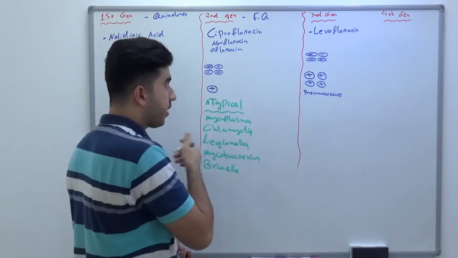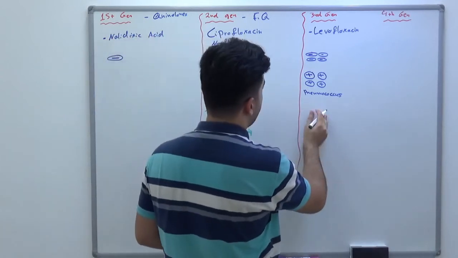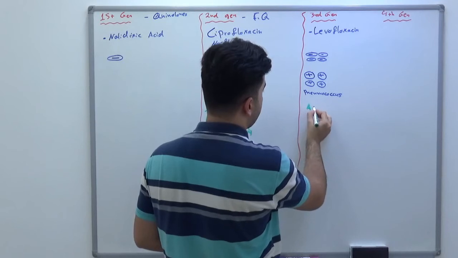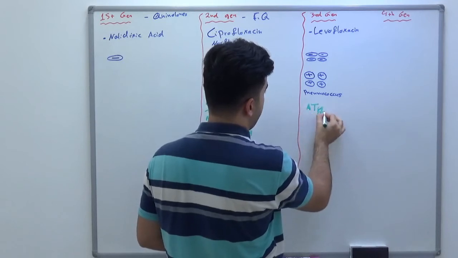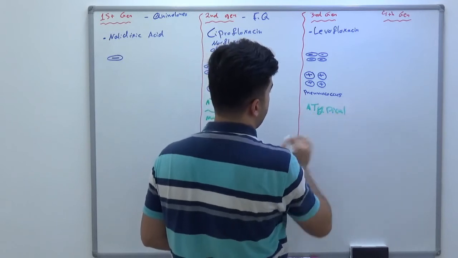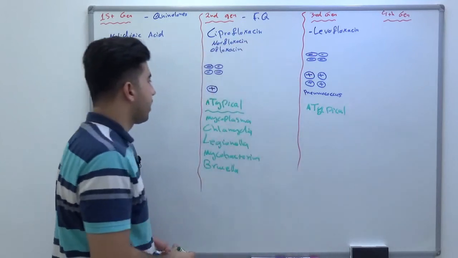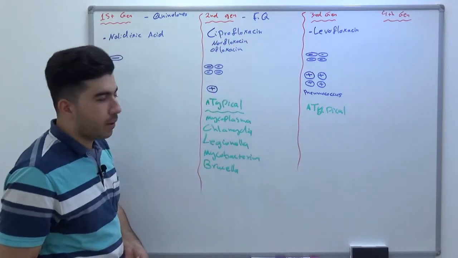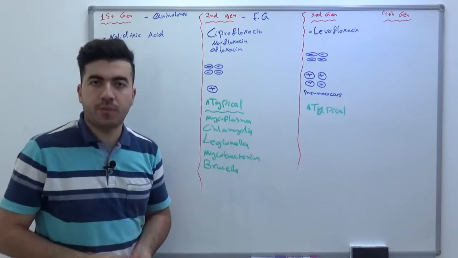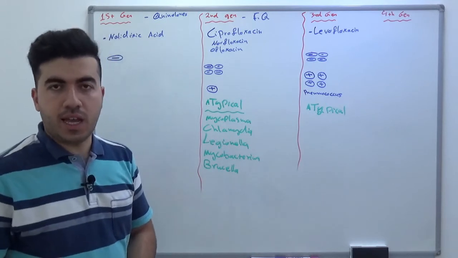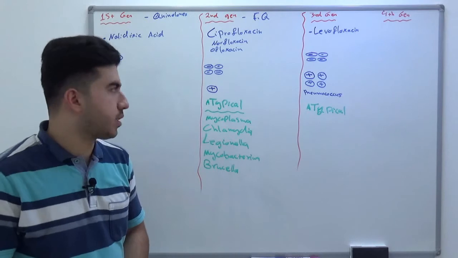Again, the third generation levofloxacin is also effective against these atypical microorganisms. Atypical microorganisms such as Mycoplasma, Mycobacterium, Legionella are regarded as atypical and intracellular microorganisms.